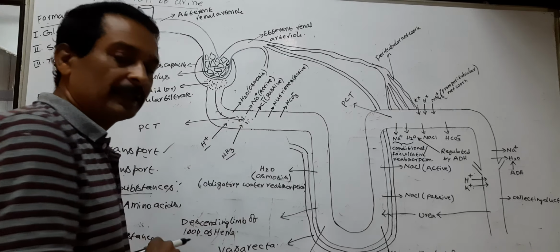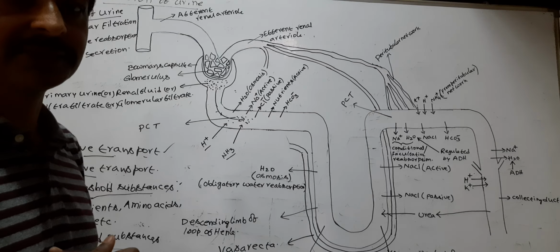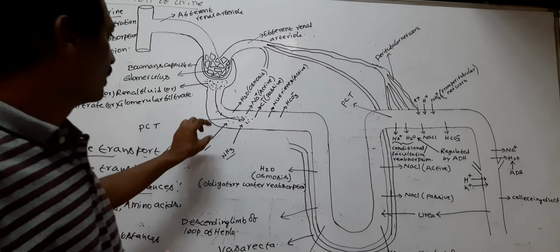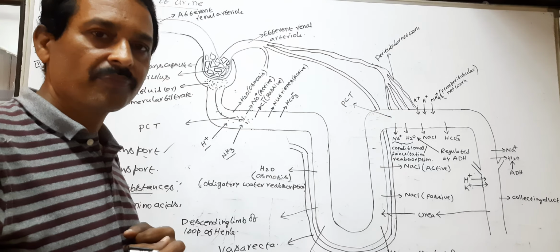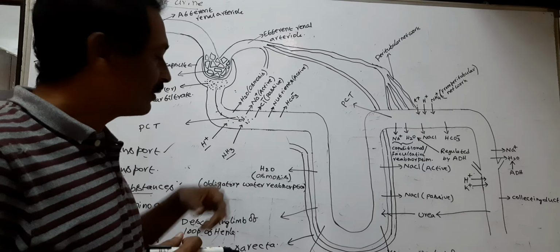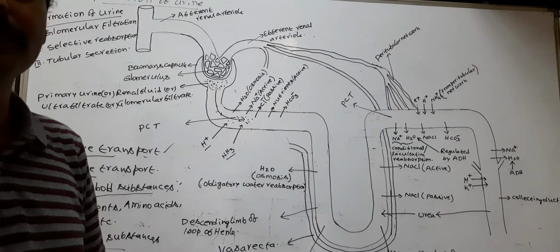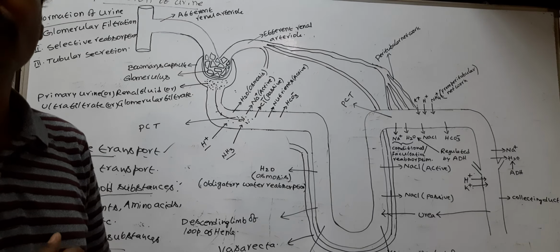Most of the substances of the primary urine are reabsorbed into blood in the PCT. The PCT is the largest part of the renal tubule, and its wall is lined by cuboidal epithelium with microvilli.